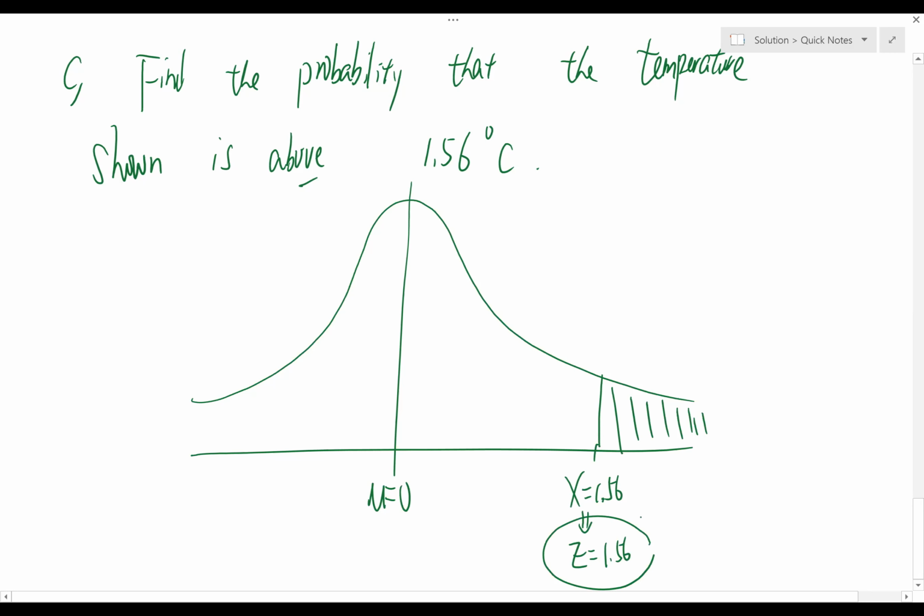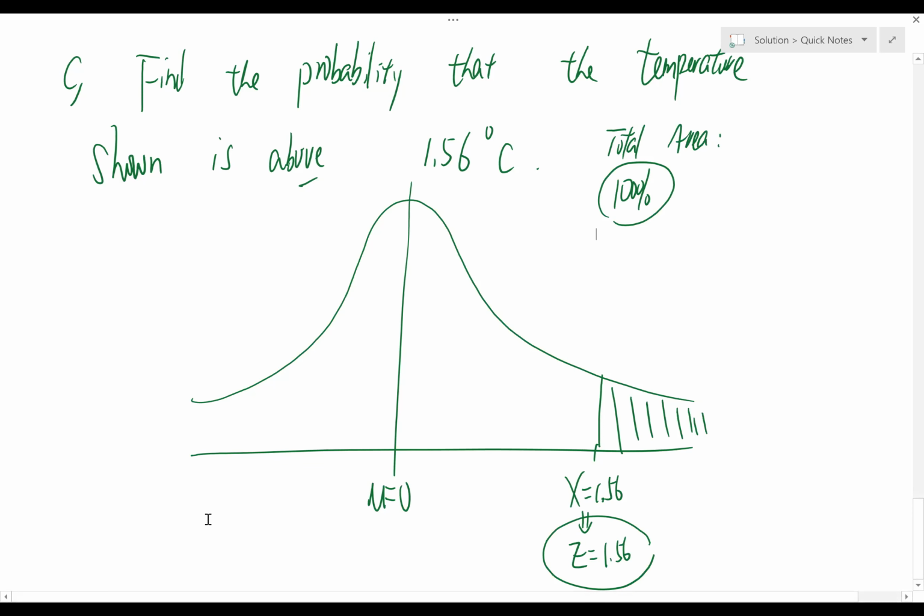You can use that to find the area to the left. And we know that the total area under the bell curve is 100%. If we know the area to the left, then we'll be able to find out the area to the right.